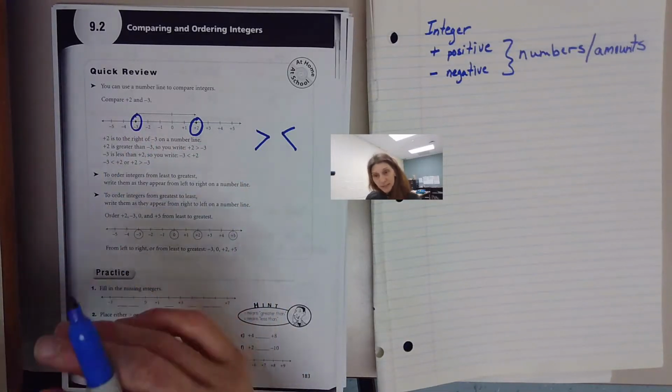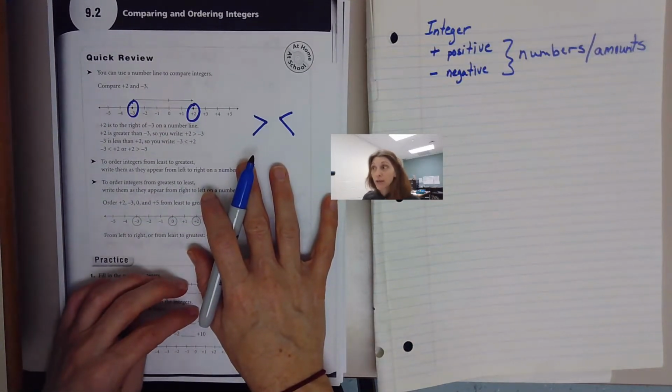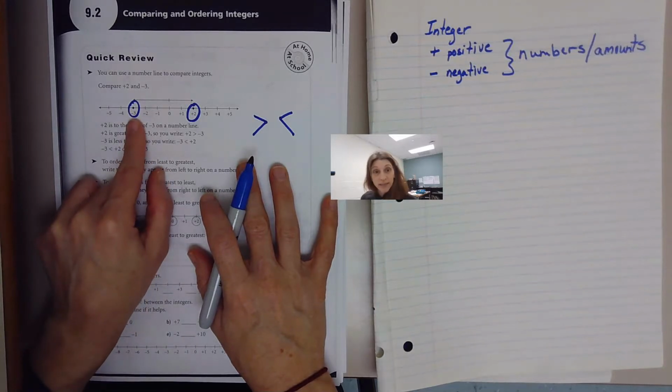Okay? So just a little introduction on how we're going to add and subtract these integers, positive and negatives. So let's look at this again.